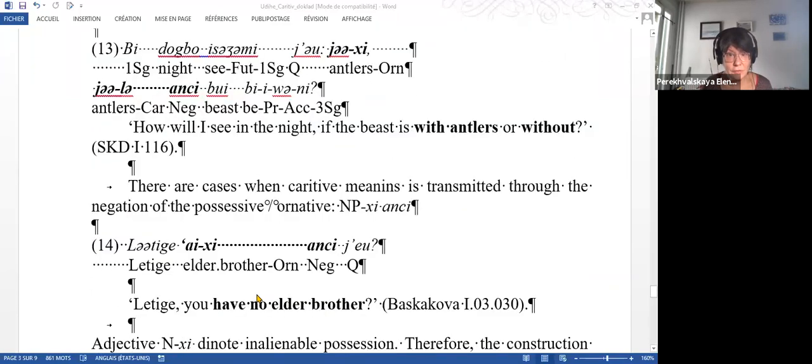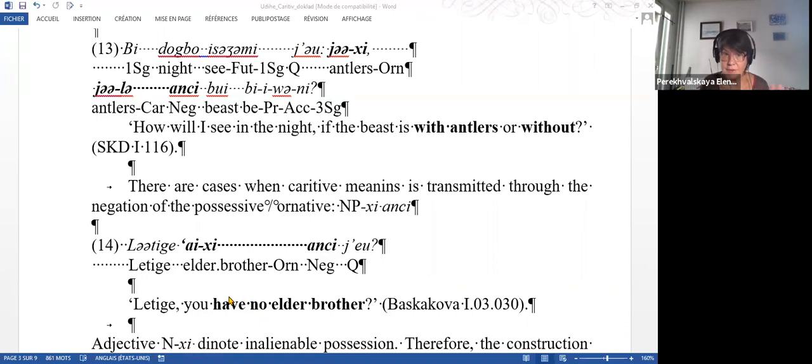And I found an example. First, I found one example, and I even thought that it is a mistake made by Baskakova because she was writing by hand in real time, так сказать. And then I found another couple of examples.